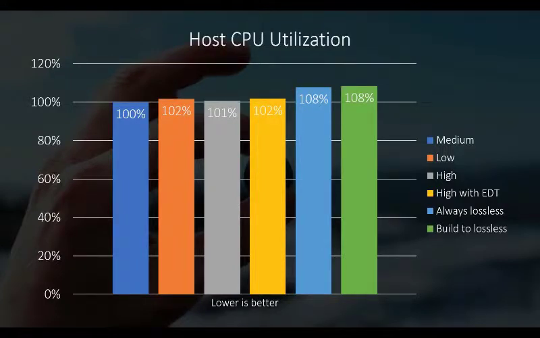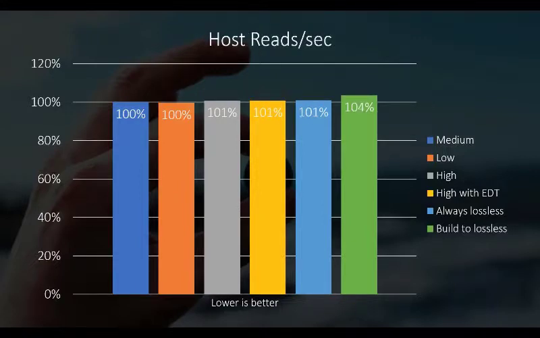So comparing this to the host CPU utilization, we see a similar trend as the VSR max result. So again, the always lossless and the build to lossless require more resources, and therefore results in a higher CPU utilization. So looking at the storage perspective, we see no change there.